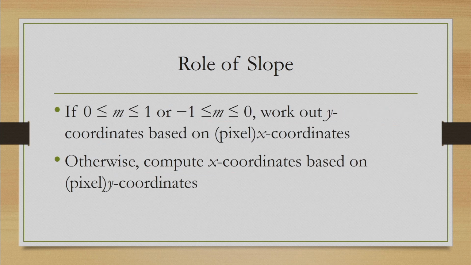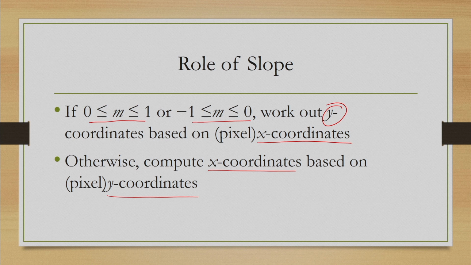If the slope is within these ranges, then we calculate y values based on the x coordinates of the pixels. So, we increase x by 1 and compute the y values when m is within this range. If m is not within this range, then we compute x by increasing y coordinates.